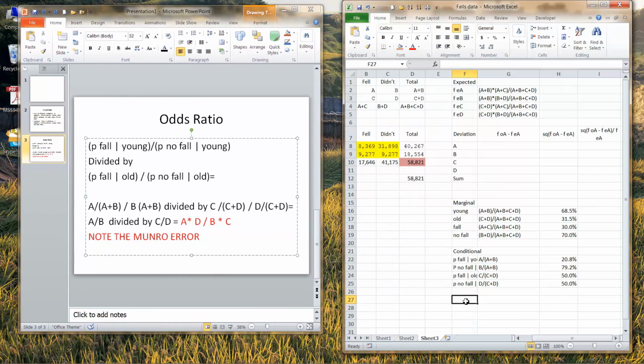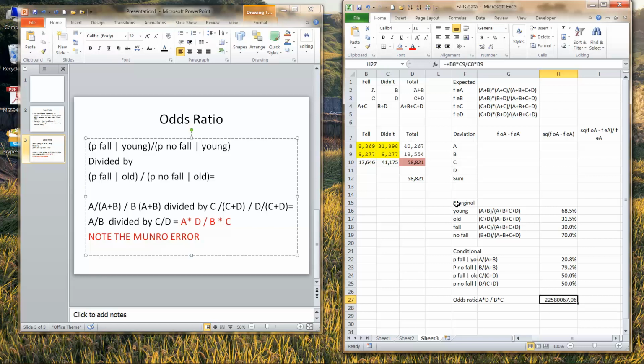So odds ratio, we've got a times d divided by b times c, and we'll go over here and do it, plus a times d divided by b times c.